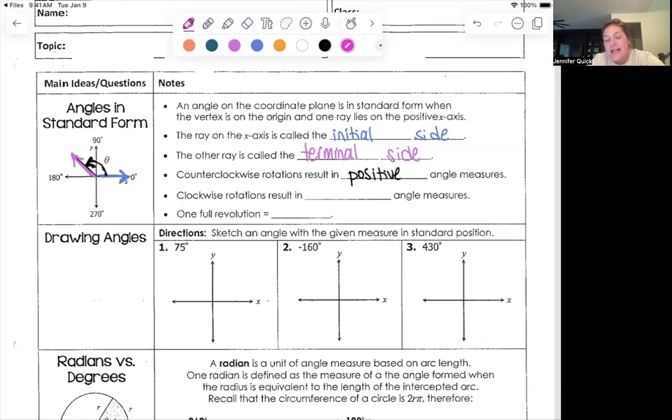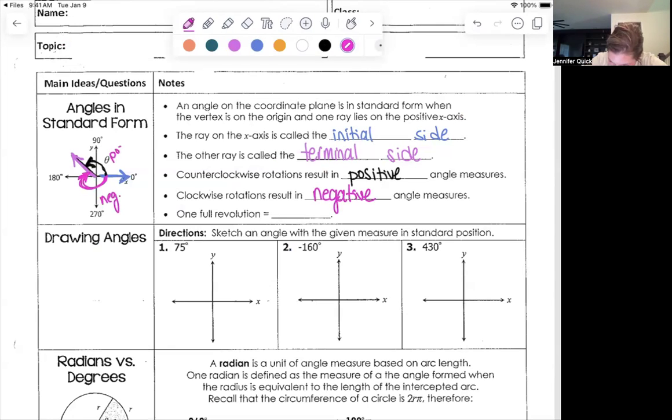Okay. If I decide to go clockwise, meaning with the hands of the clock, so forward in time, from the initial side, in the motion of time like this, then that's going to result in a negative angle measure. Don't you love that? This is a negative.